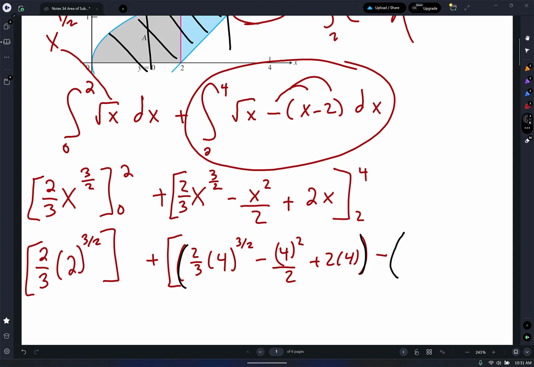I'm plugging in my 2 now, guys. 2/3, 2 to the 3/2, minus 2 squared over 2, plus 2 times 2. And then here's my bracket. Yeah, I'm just doing the lower limit.